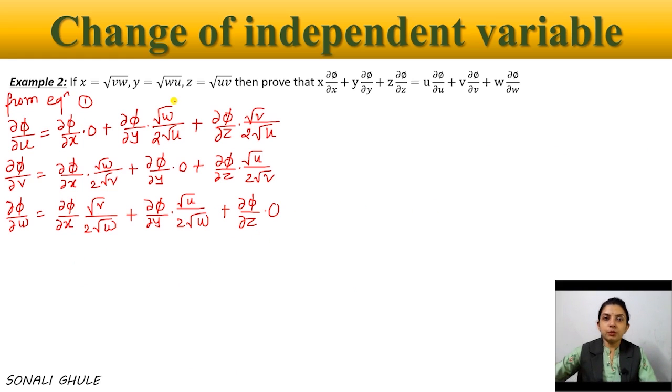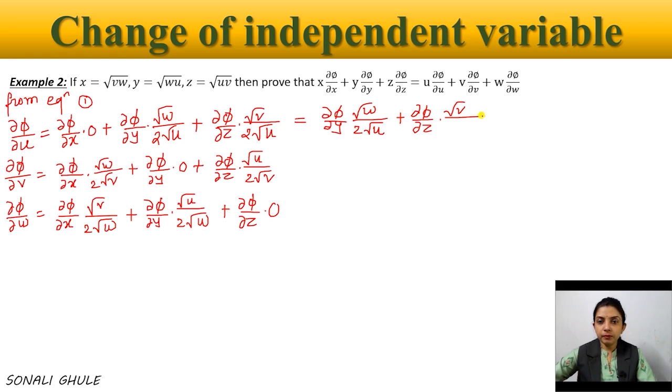Okay, so here we got all these 3 derivatives. Let's solve this. What is dou phi by dou u? The first term is 0, so these 2 terms are only remaining there. So I can write phi with respect to y root w upon 2 root u plus phi with respect to z root v upon 2 root u.